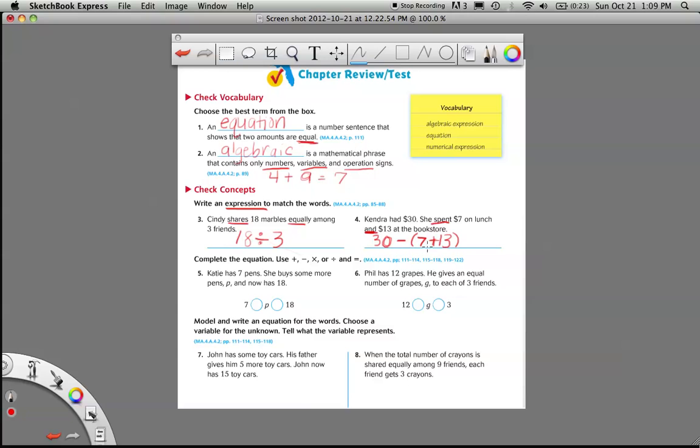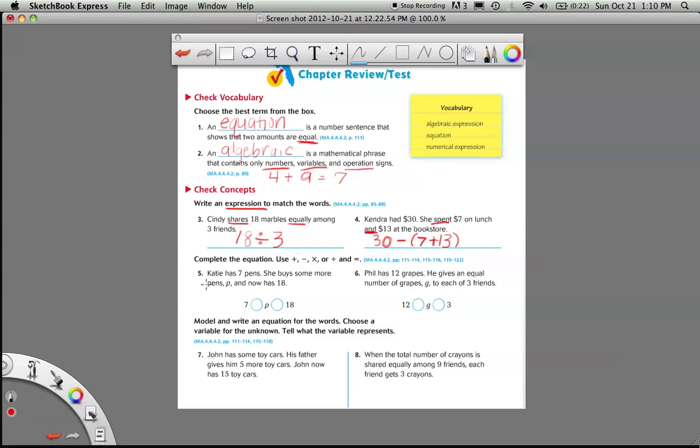So you take that much of all the stuff added up, you take that away from however much money you came into the store with. She came in with $30 and she spent the $7 on the lunch and the $13 at the bookstore. So our expression should read 30 minus, parentheses, 7 plus 13.